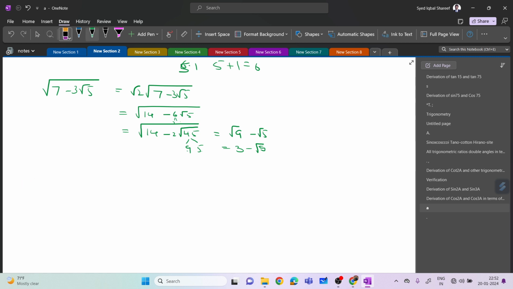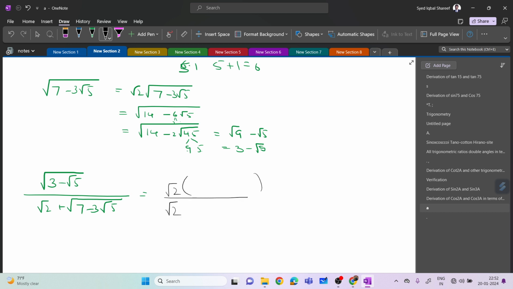So what is our problem? Our problem is square root of 3 minus root 5 divided by root 2 plus 7 minus 3 root 5. So what we are doing here? We are multiplying numerator and denominator by root 2.